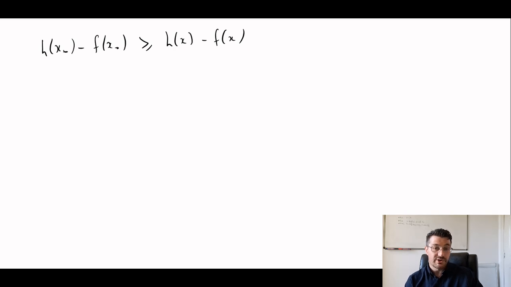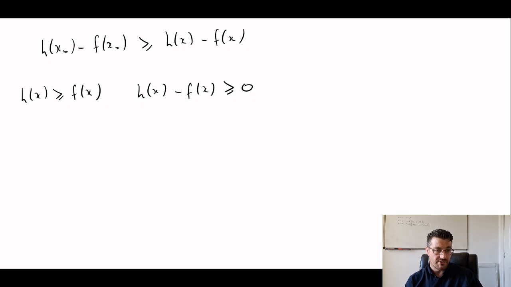So we do need to use the result from part 4. But we also need to use the bit of information that we're given right at the start of part 6, which is that h of x is greater than or equal to f of x. Because that means that h of x minus f of x is greater than or equal to 0.